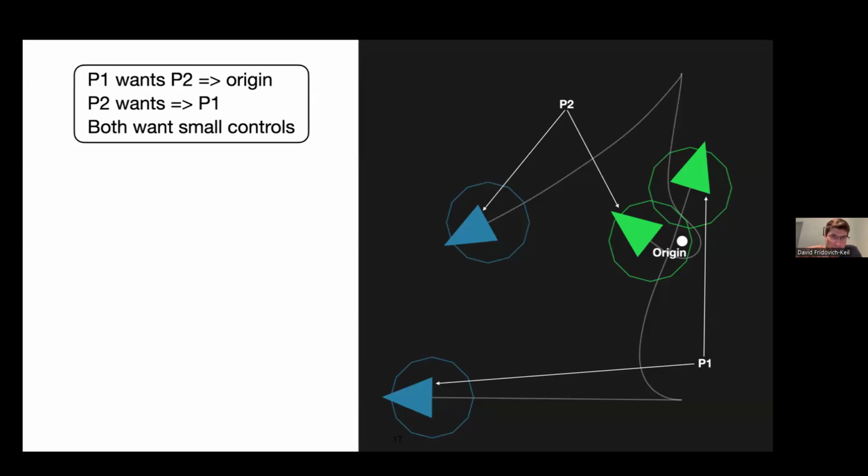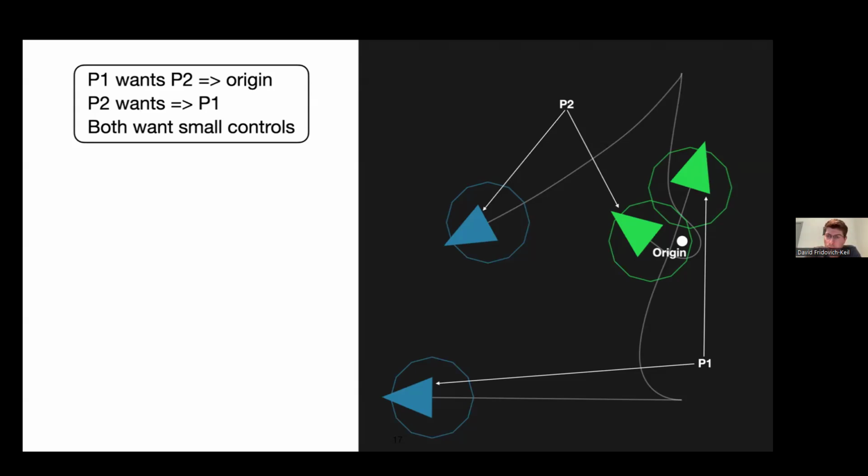They can accelerate and decelerate linearly, and the objectives are as follows. Player 1 wants player 2 to go to the origin. Player 2 wants to end up close to player 1. And both players don't want to exert too much control authority. They don't want to accelerate too much or turn too much.